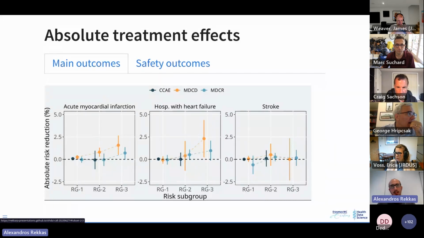Patients at higher acute MI risk tend to observe higher benefits compared to lower risk patients, and especially in patients below 1% acute MI risk, there are no differences anymore. This trend is a bit less pronounced in the case of hospitalization with heart failure, and we see no differences in the case of stroke.